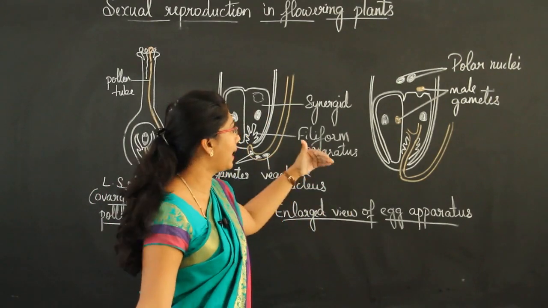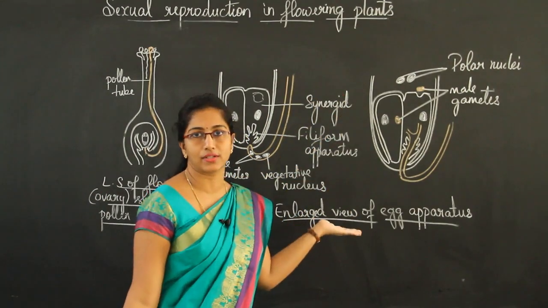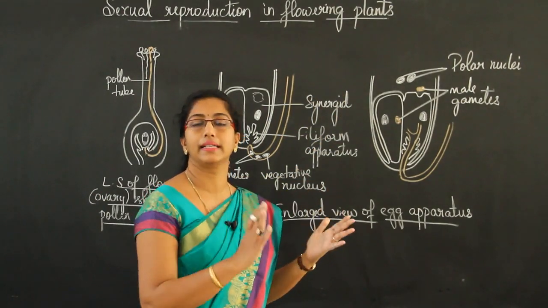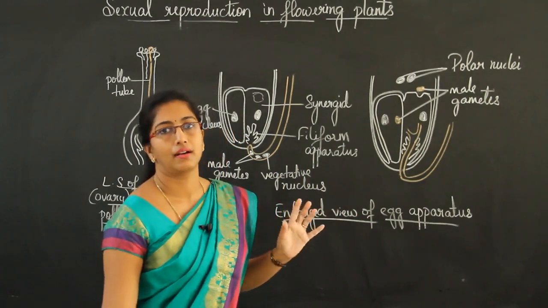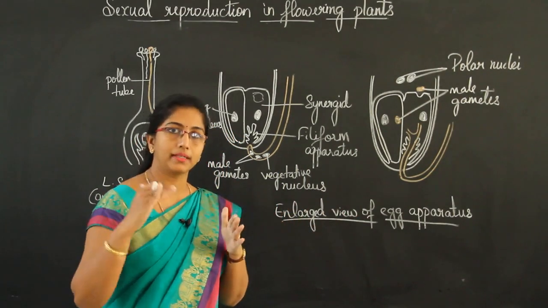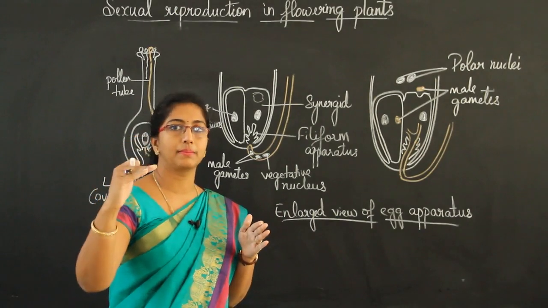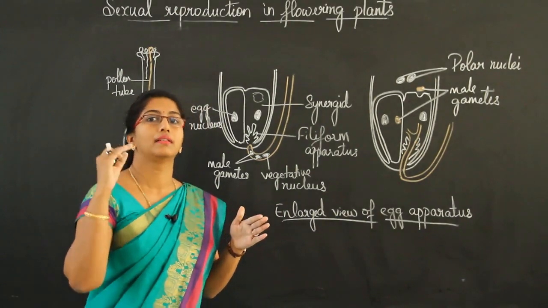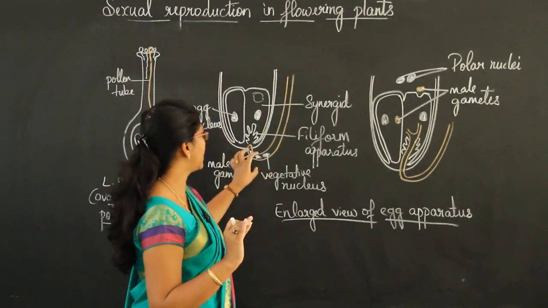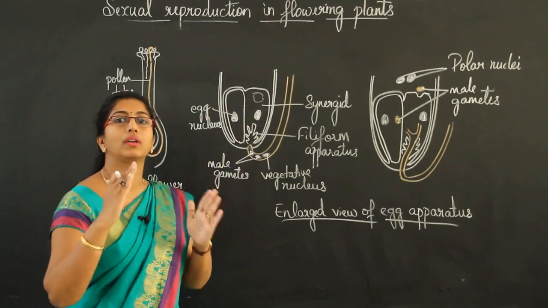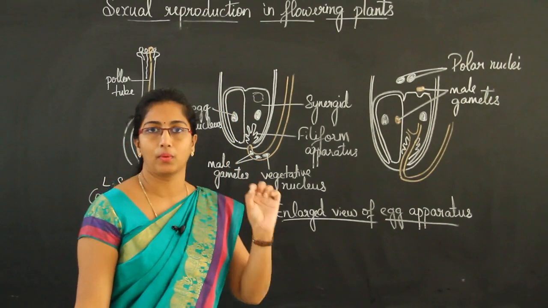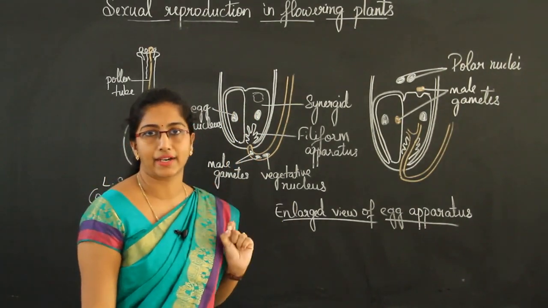What happens after this is fertilization. Once the male gametes are released and they fuse, the next main event is fertilization. So from the time pollen grains fall on the stigma till the male gametes are discharged into the female gametophyte, this whole event we call pollen pistil interaction.